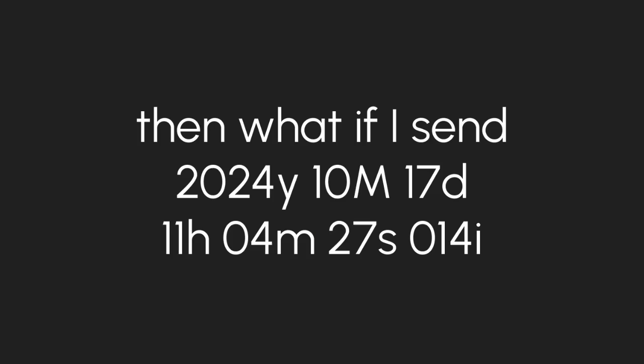So then I go back to making the upgrade that I always planned to do. And now I send 2024Y, 10 capital M, 17D, 11H, 04M, 27S, 014I. And this is a lot more than the system was asking for when it just wanted the time.